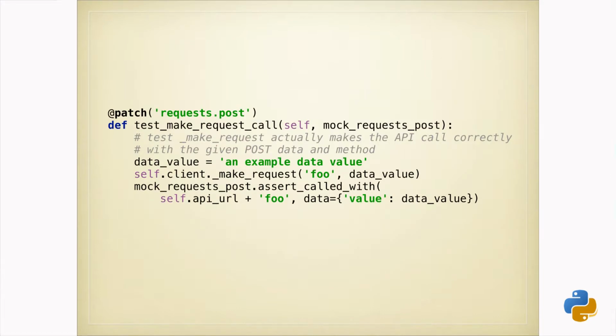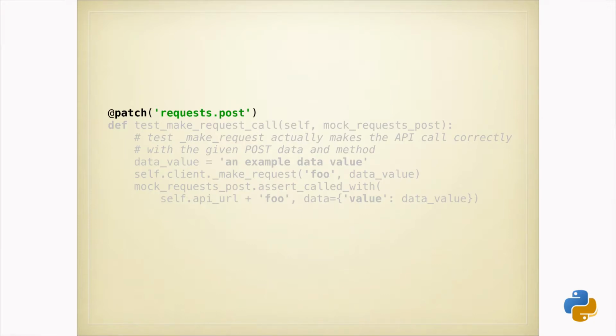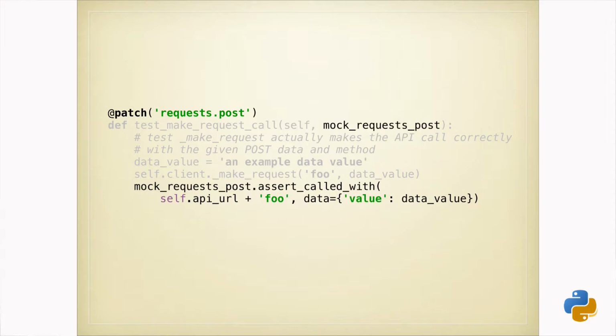So here's our test case for testing the make request call. In this case, we've introduced a new concept, which is the mock patch decorator. So what we're asking for is for the mock library to patch the request.post method and replace it with a magic mock instance. And that instance is passed in as a parameter to our test case.